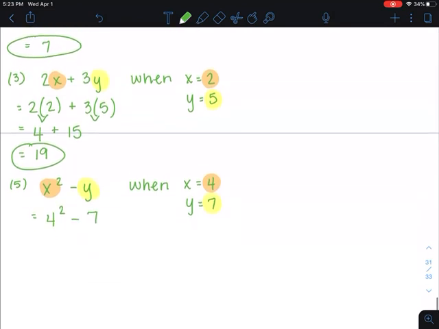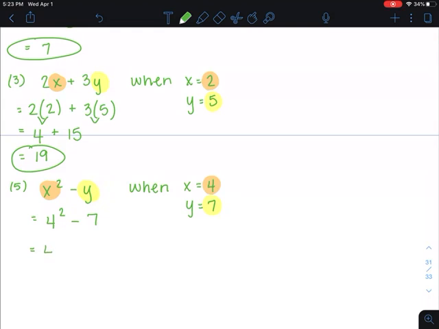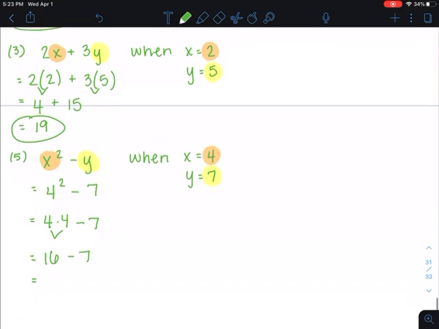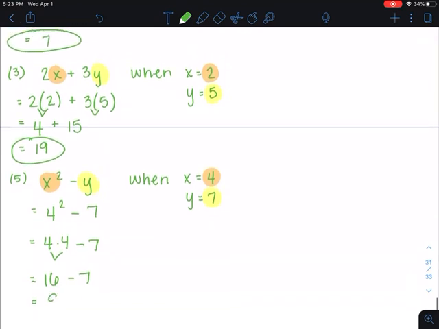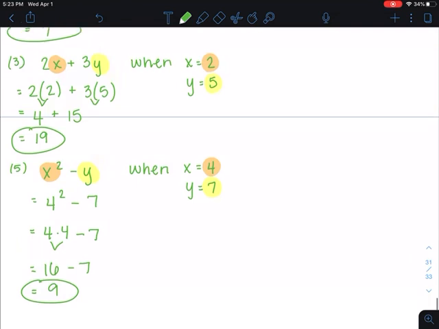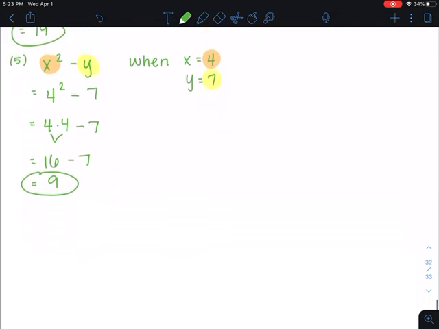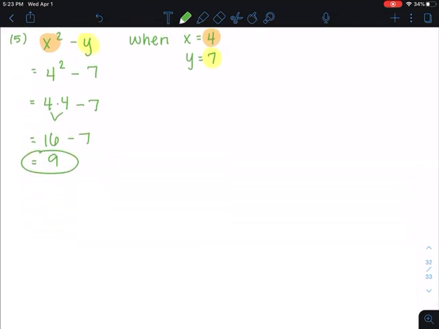So now I have 4 squared minus 7. 4 squared is the same thing as 4 times 4. And what is 4 times 4? 16. And 16 minus 7 is 9. So when I plugged in my values for x and y and simplified, it all equaled 9.